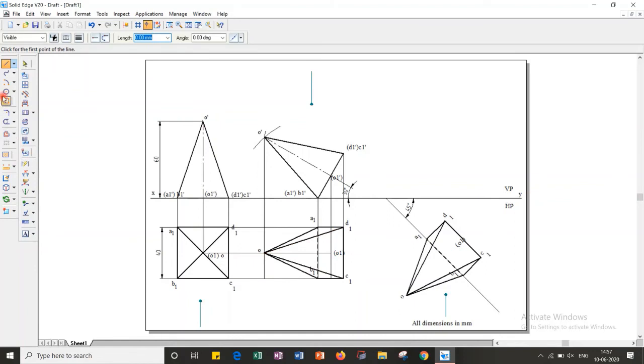This will be axis line. So that completes second step, and in third step you need to represent axis line also.